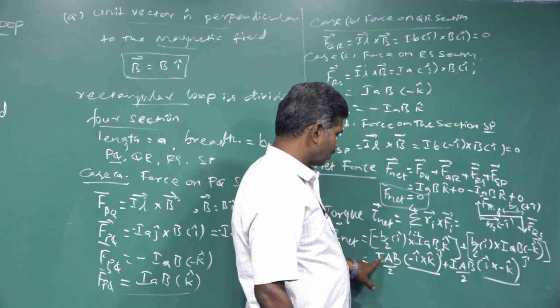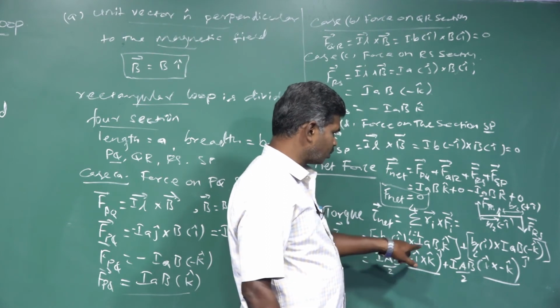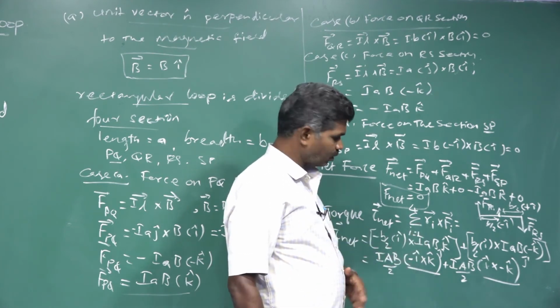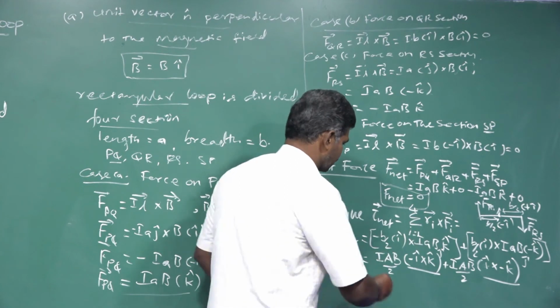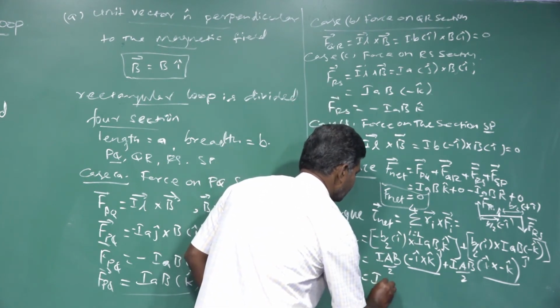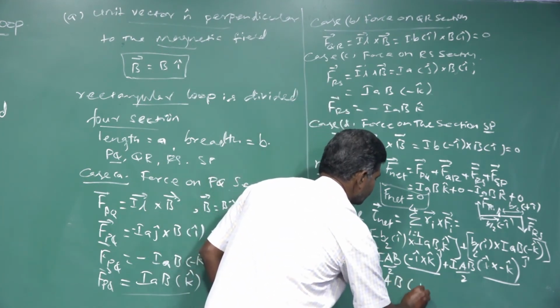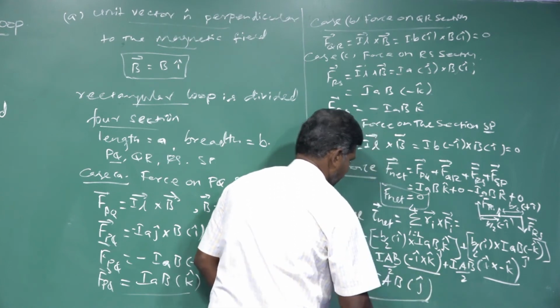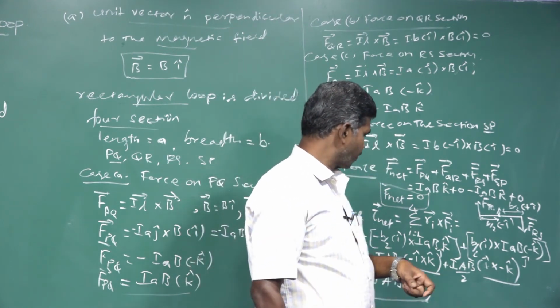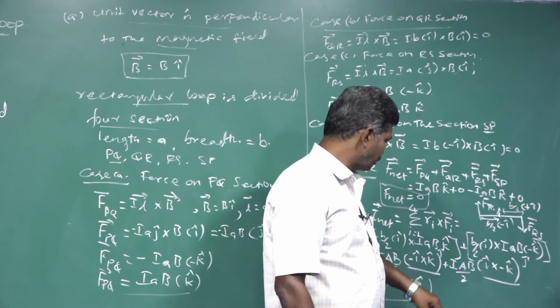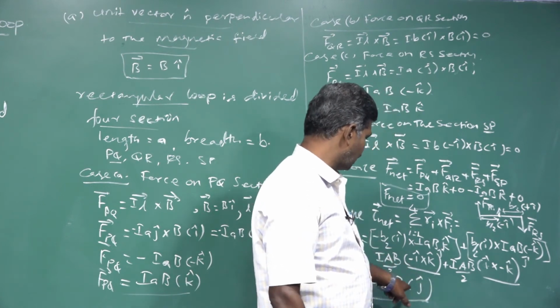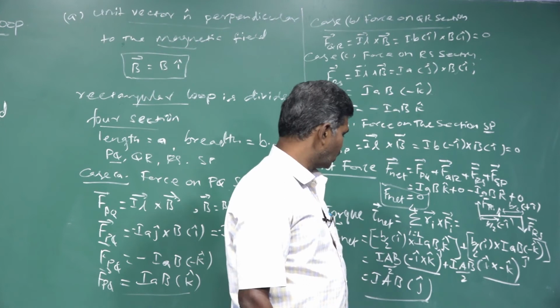Then we have IAB divided by 2, IAB divided by 2. Half plus half becomes 1. That's why IAB into J cap. This torque is going to act along the positive y direction.